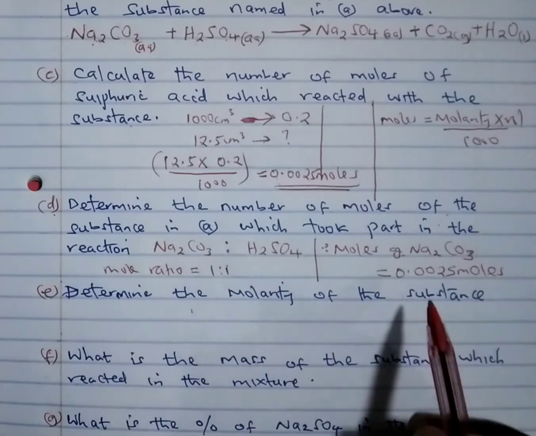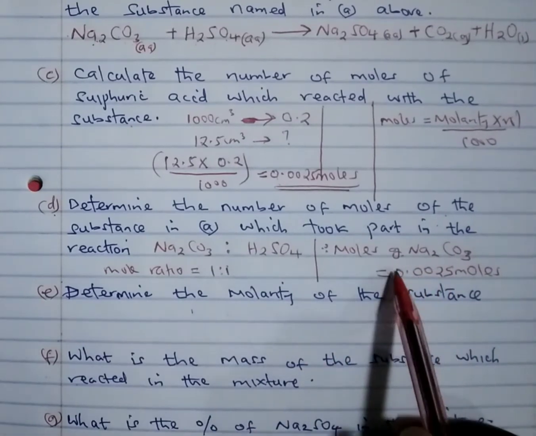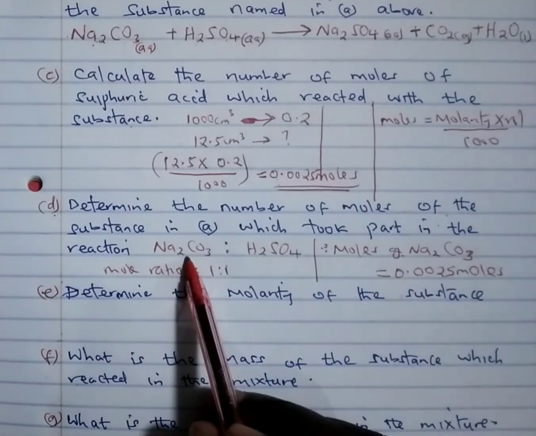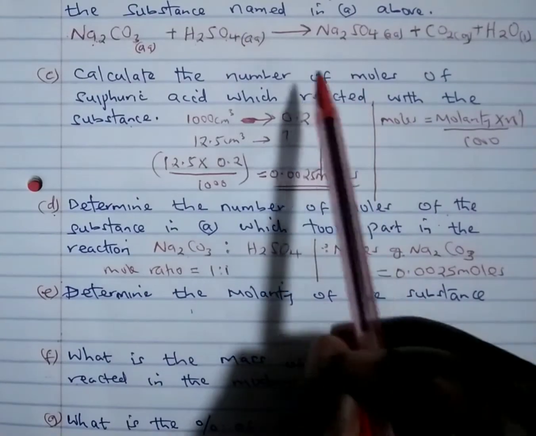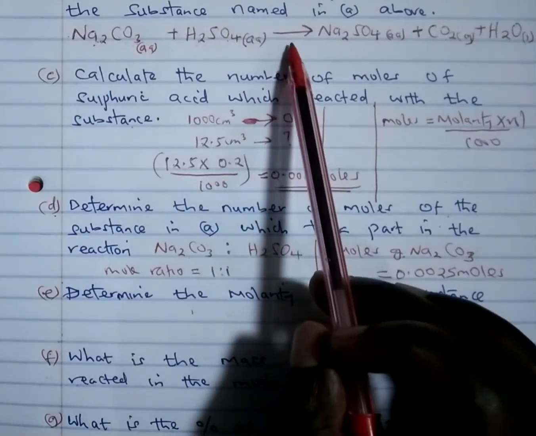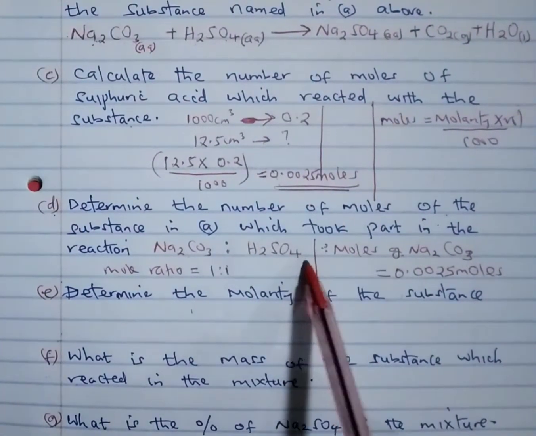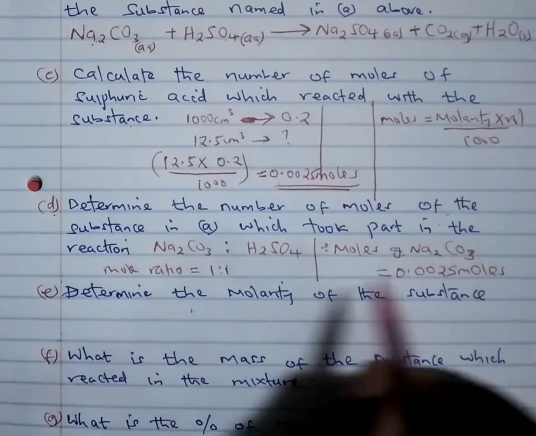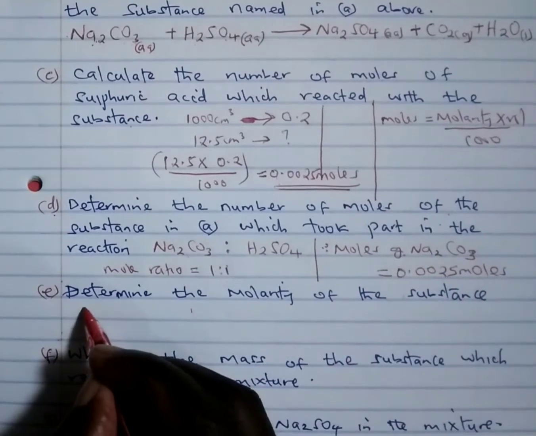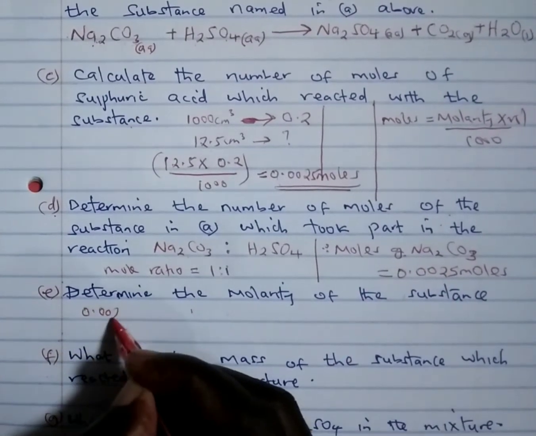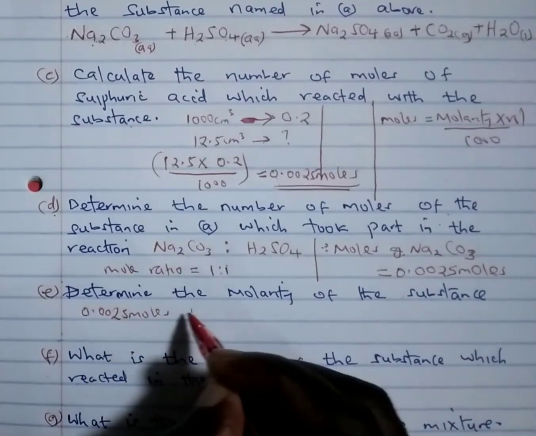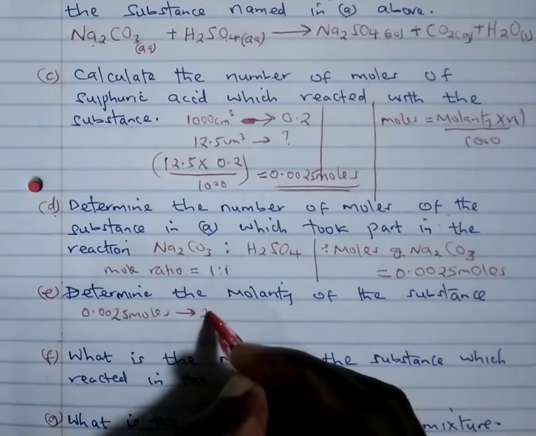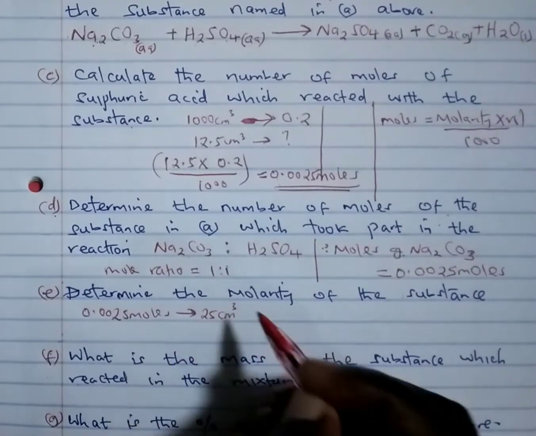We know the volume of sodium carbonate that reacted with sulfuric acid is 25 centimeter cubic. And in this case, we can say that this number of moles, which is 0.0025 moles, are contained in 25 centimeter cubic.